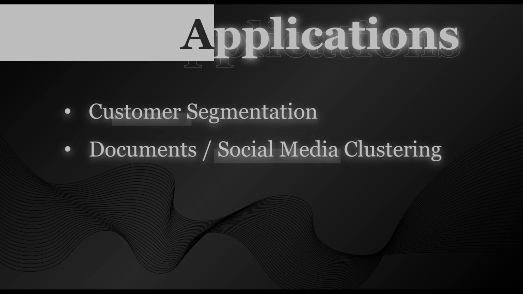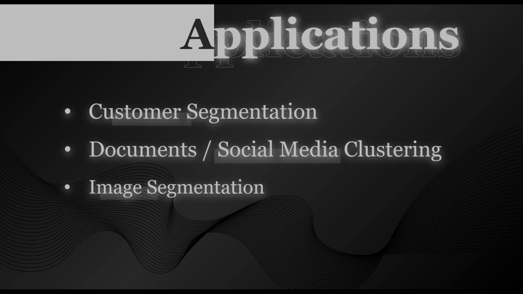The next item is document or social media clustering. If you use social media, you can see that if you like some posts, you will be shown similar posts in the future, and this action is probably fulfilled using clustering, probably with K-means.